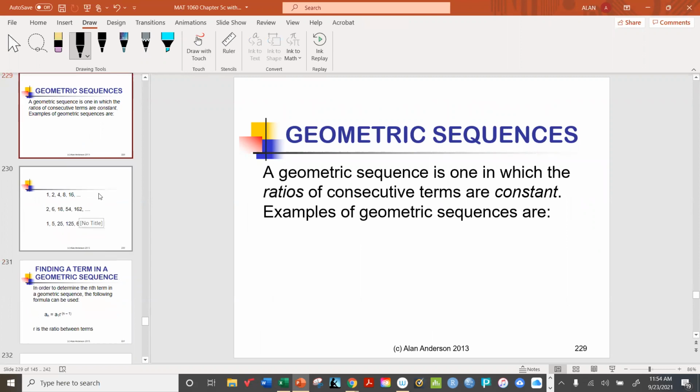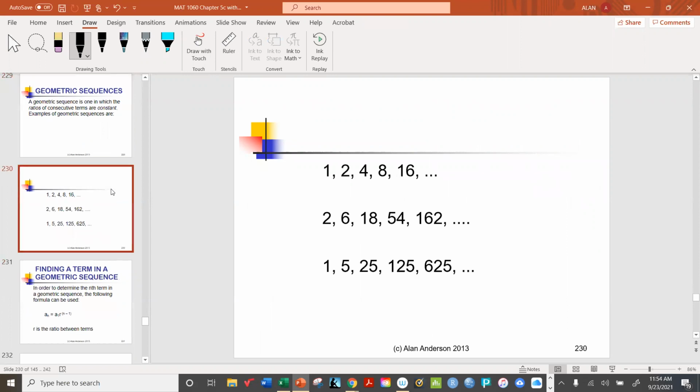All right, so now if you look at this first one, you can see there's no common difference. The difference between these two terms is 1 and then 2 and then 4. This is clearly not arithmetic, but if you notice, to go from one term to the next, I've multiplied the previous term by 2.